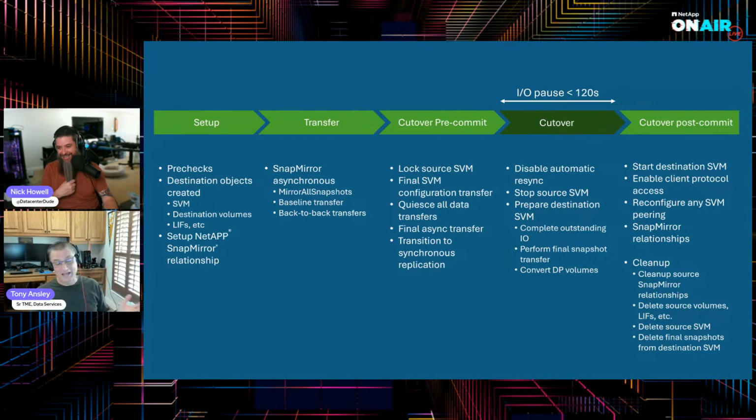Yeah, exactly. So once we're in sync mode, we can then go into cutover. And what that means is we will block, we will tell the clients that are accessing the volume that we're not going to respond. Typically most clients have about a 100 to 120 second timeout frame, and if you exceed that, they'll flag an error to the application saying, I have an I/O error.